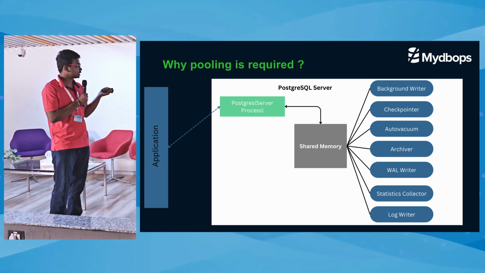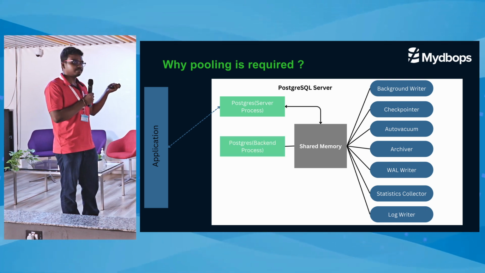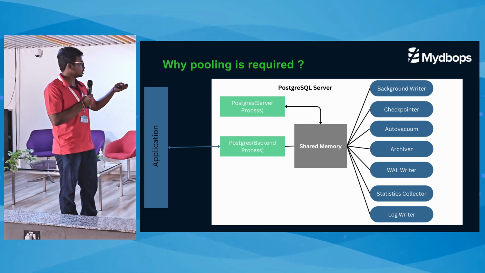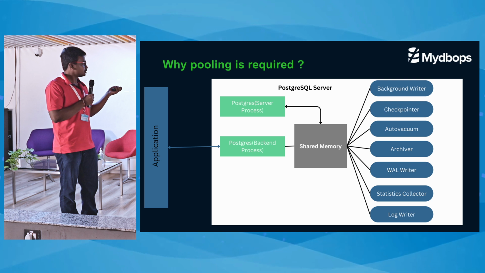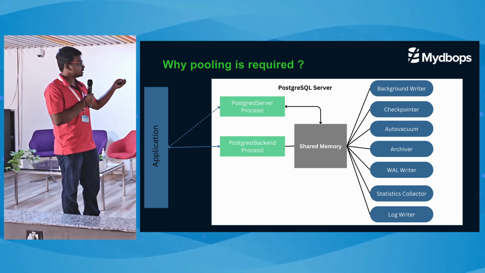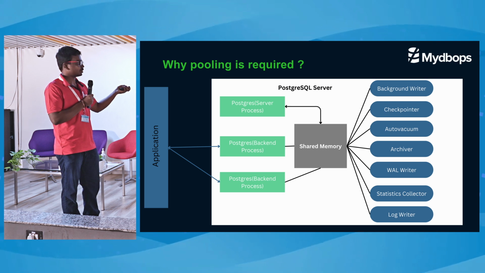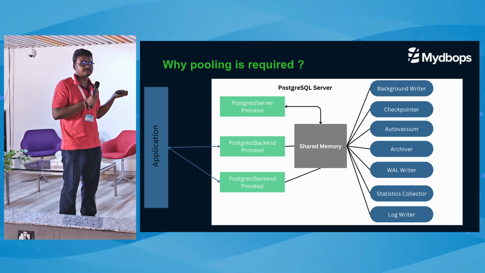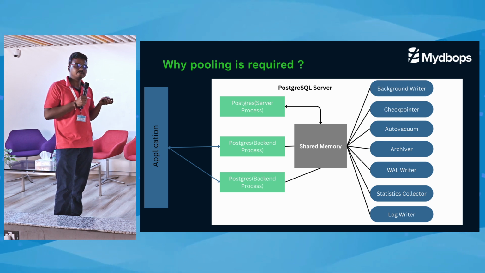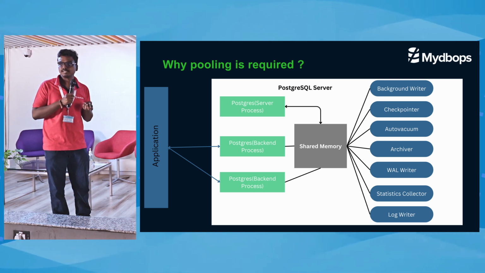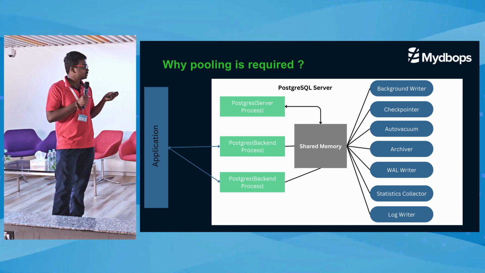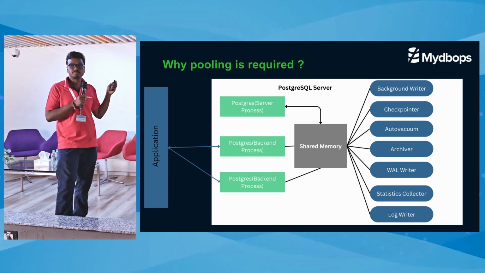Once the authentication is successful, it will take a copy of the PostgreSQL parent process and send the connection to the application. Similarly, it will do the same for n number of connections. If another user connects, it will take another process copy. By this, a lot of connections will be created. It is actually an OS process. If you log into the PostgreSQL server and run top, you can see lots of Postgres processes running. This is because PostgreSQL uses process-based connections.